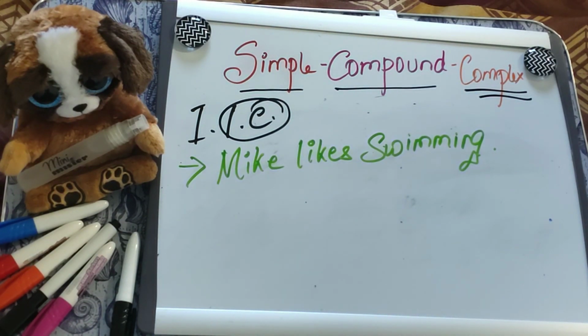It has one independent clause and it gives you a complete meaning. There is nothing hidden, nothing it is waiting for, no support it needs. It is a complete sentence making total sense. And it has the subject and what he likes, swimming.